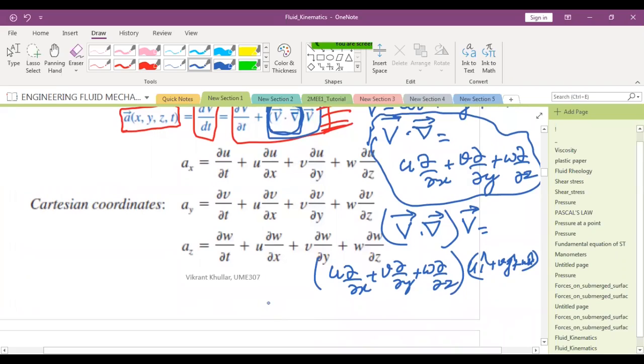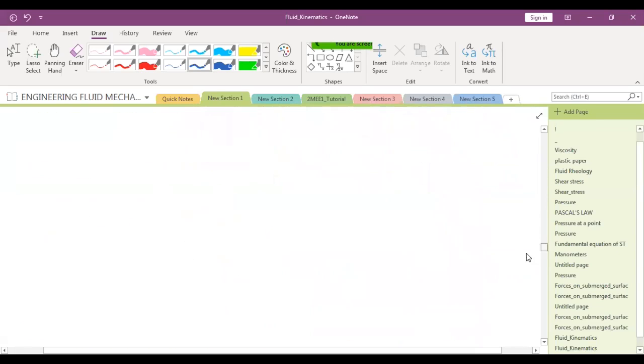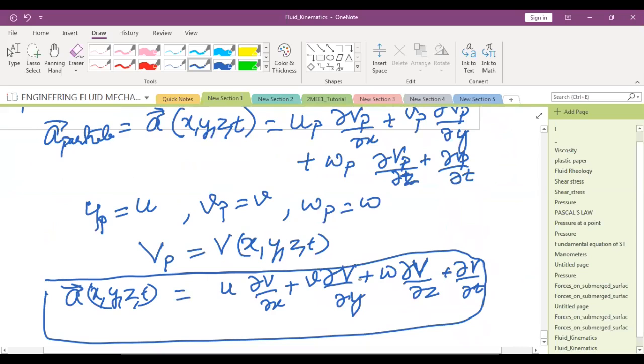This is capital V only. This is what you got in the earlier expression also, if you remember.